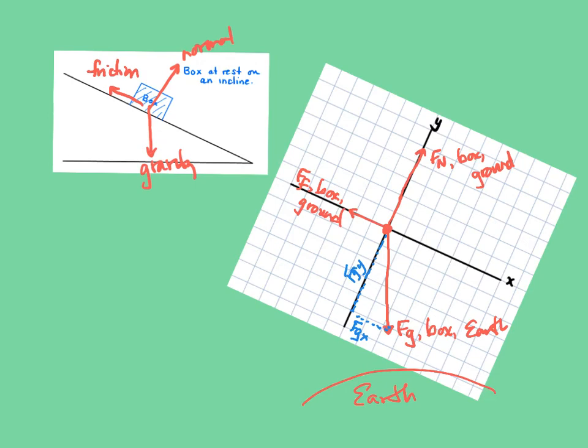Well, the normal force and the y component of gravity should be equal and opposite. The force of friction and this x component of gravity should be equal and opposite, or congruent. And that's how we end up with the box just sitting there, with no acceleration, so F net equals 0.